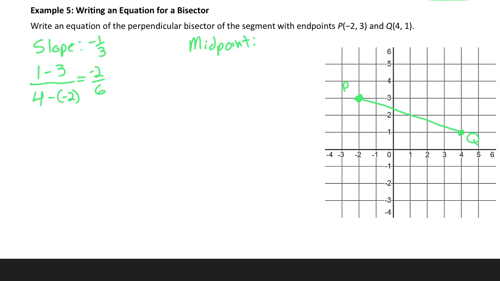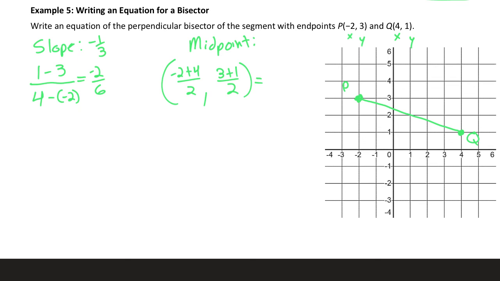All right, midpoint. That's going pretty far back. But remember, the midpoint is the average of the x values, the average of the y values. So we're getting an actual point. To get the average of the x values, negative 2 plus 4 divided by 2. The average of the y values, 3 plus 1 divided by 2.